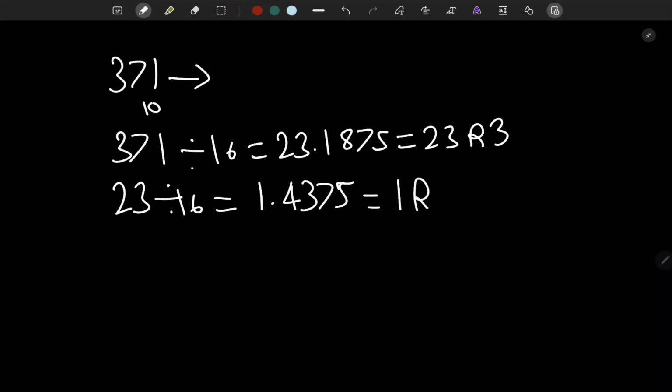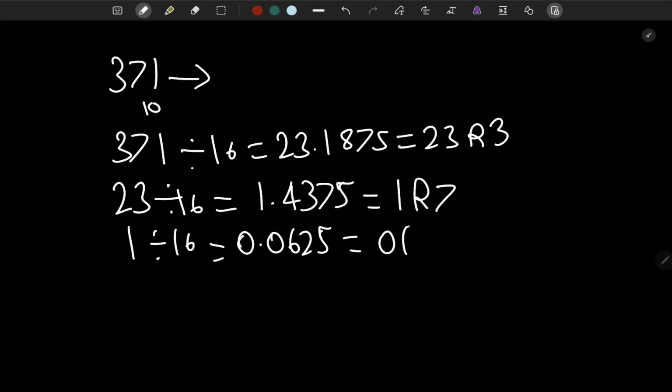So 1 remainder, 0.4375 multiplied by 16 will give us 7. So let's continue here. So 1 divided by 16 now, we will get 0.0625, and the remainder would be 1. So when you get a 0, that's when you know that you need to stop.